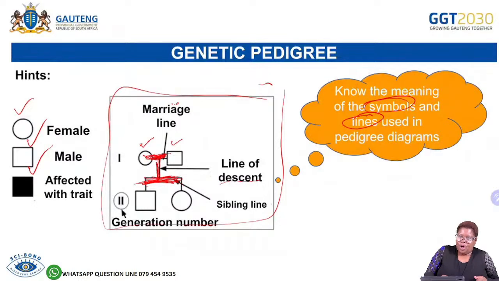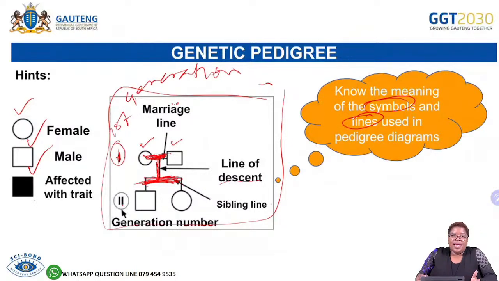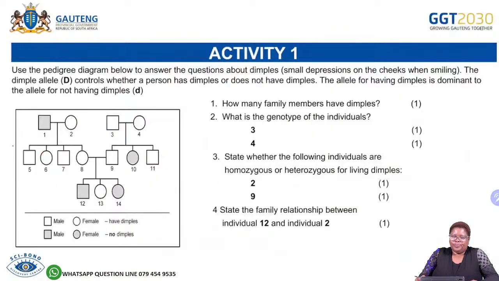So this one on my far right, the 1 and the 2, this is first generation. This is second generation, right? So you need to be clear. With pedigree diagrams, you really need to get your free marks there. As long as you can interpret those diagrams, that will help you.